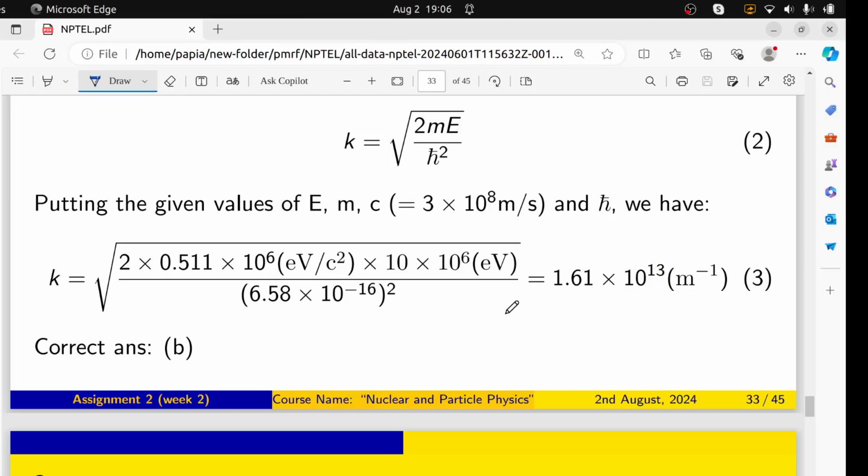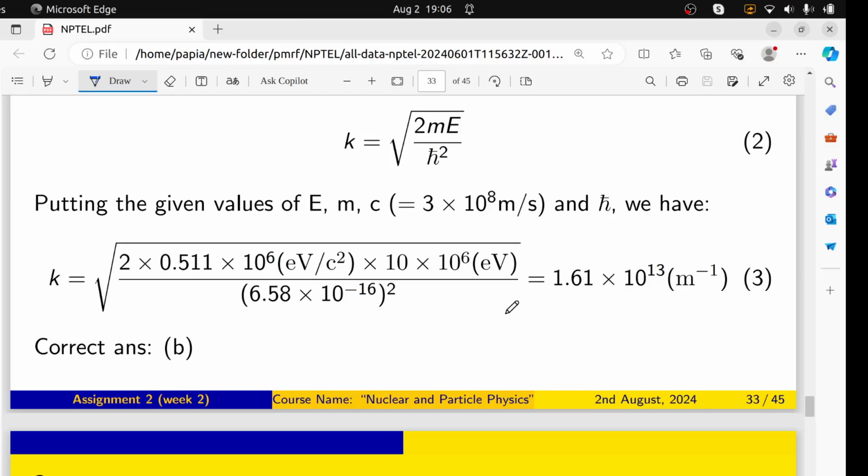Because E is given in MeV and we are putting m also in the unit of MeV. So by putting all the energy unit conversion factors, we finish with the result in meter inverse, and the answer is 1.61 times 10 to the power 13 meter inverse.